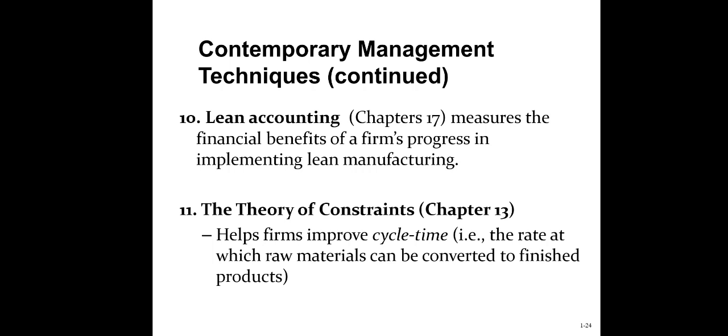Lean manufacturing is something like the business running the production process in the most cost efficient way. They try to be the most cost efficient in the production process.